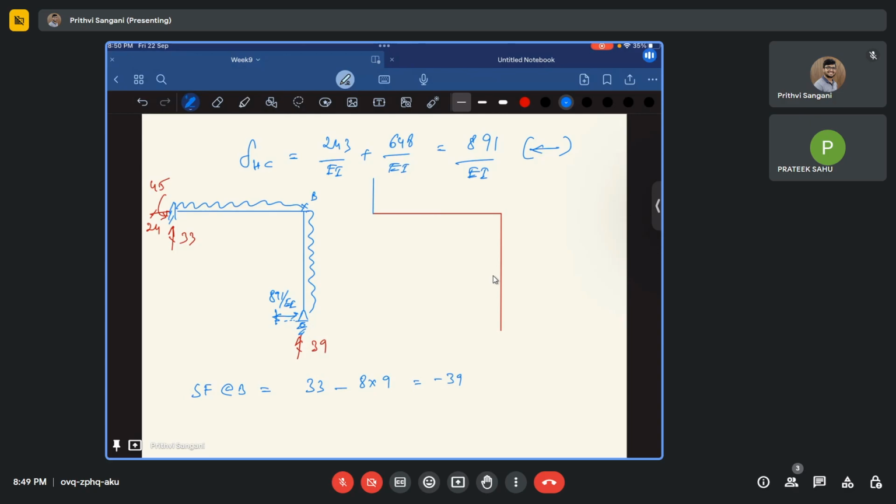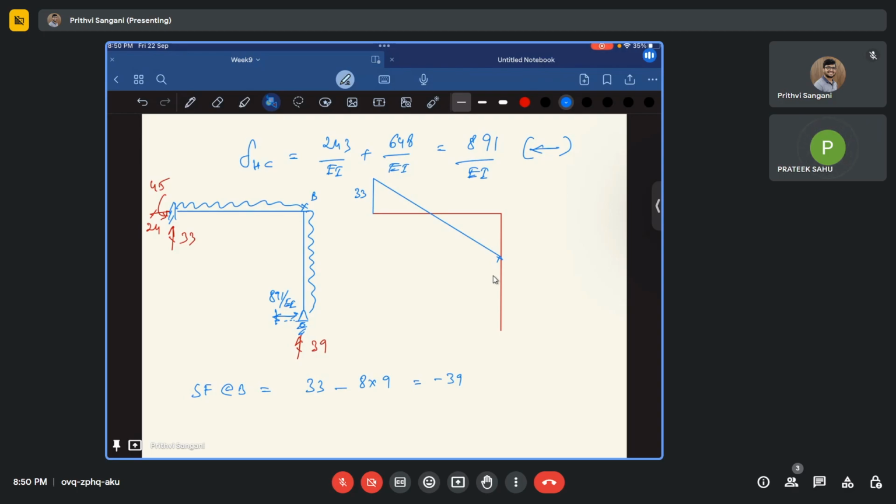So here it is going to be 33, and this is minus 39, so somewhere here it is going to be something like this. This is my shear force diagram.